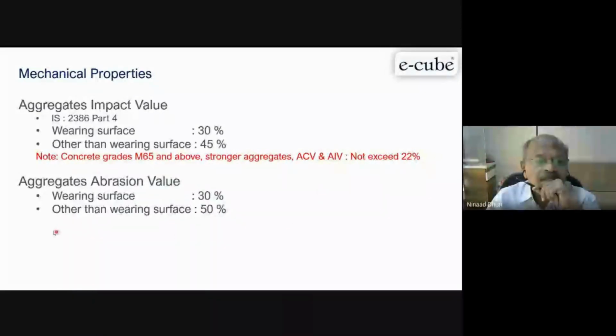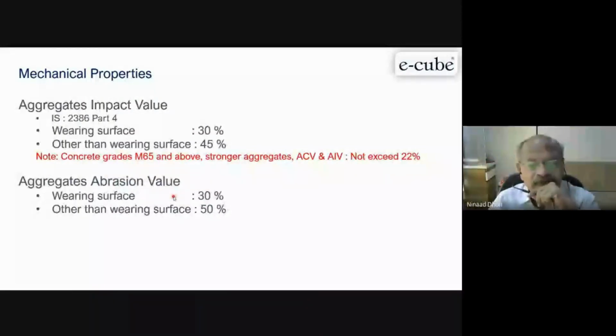Then there is another test called aggregate abrasion value. Generally, we do this test only when you are going for pavement quality concrete, roads or runways. Here, again, it is 30%, and other than wearing surfaces around 50%. This is also a simple test to see the wear.